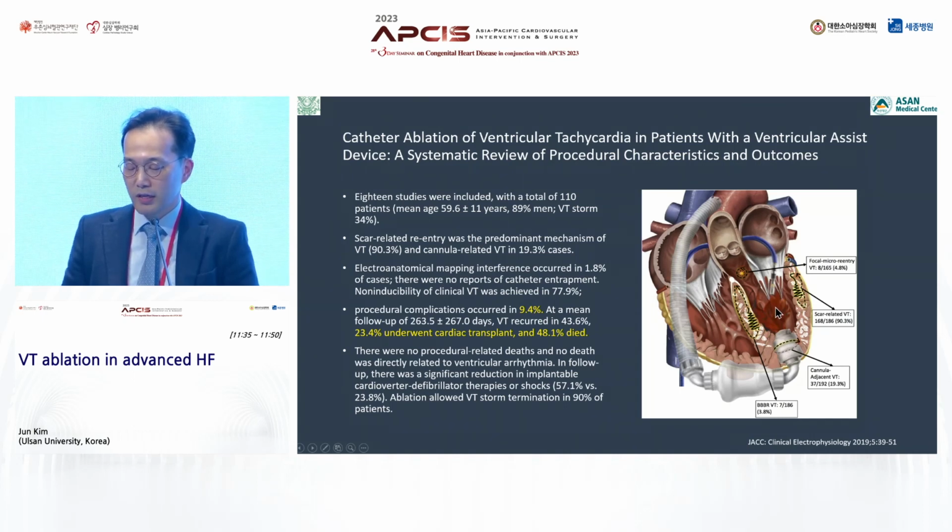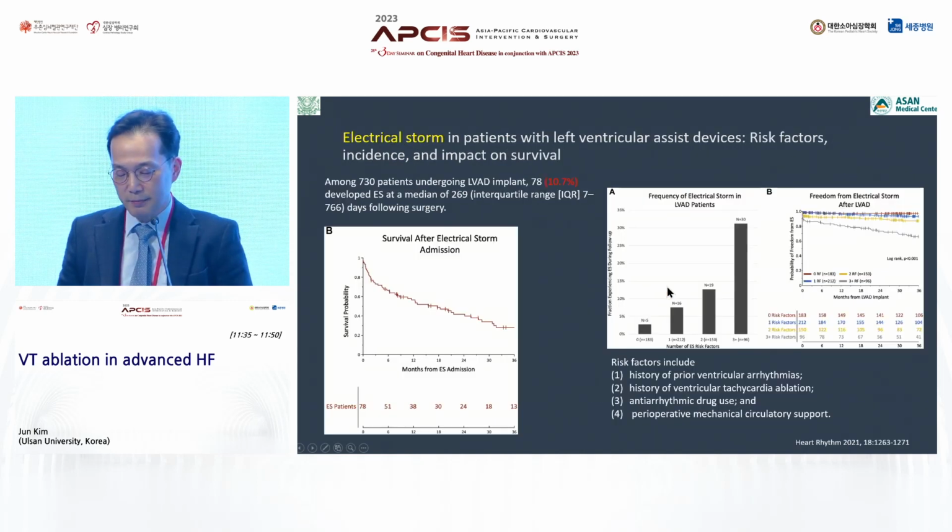We can treat those ventricular arrhythmias in patients with LVAD, but the complication rate is up to 10%. And if the patient presents with electrical storm after LVAD, the mortality rate is very high.